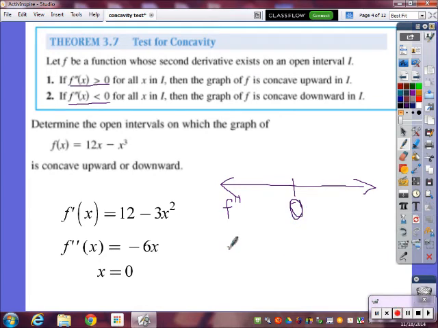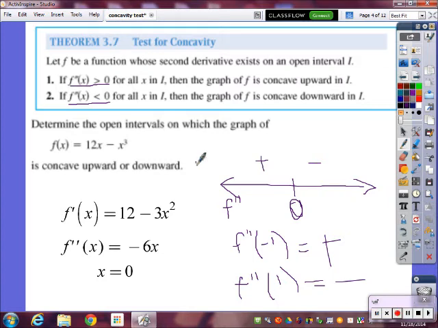And then I need to evaluate the second derivative at a value to the left and to the right of 0. So the second derivative at negative 1 would be, and really remember, the only thing we care about is is it positive or negative? That would be positive. And then the second derivative at 1 would be negative. So it would change from a positive to a negative.